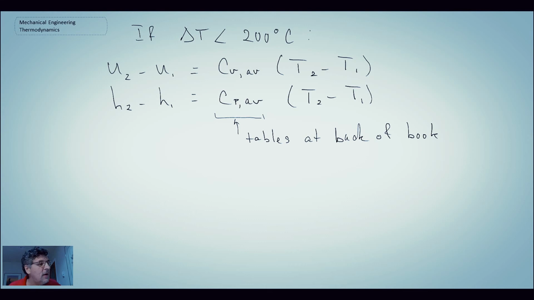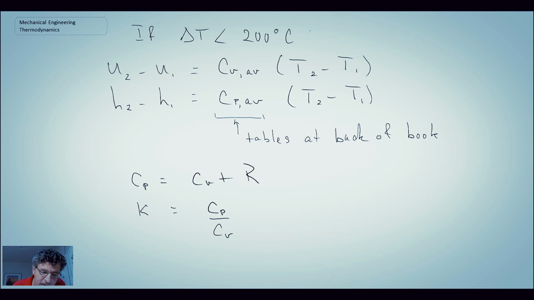A final comment that I want to make about the specific heats is their relationship with the ideal gas constant. We can write Cp is equal to Cv plus R, your ideal gas constant. Another thing is the ratio of specific heats. These are things that we will use throughout this course, especially the ratio of specific heats when we're looking at different processes.